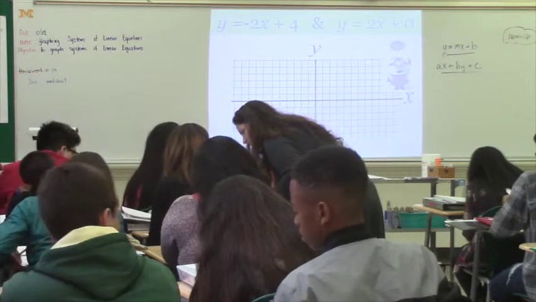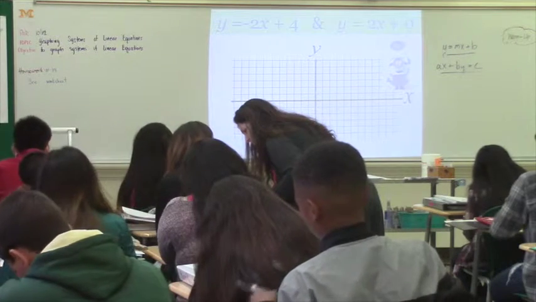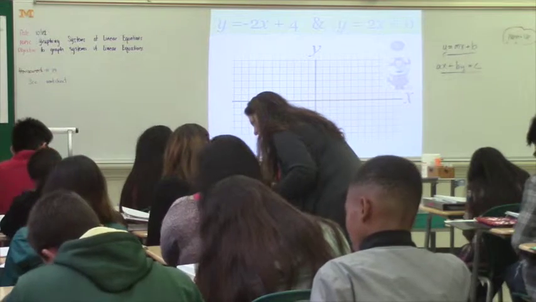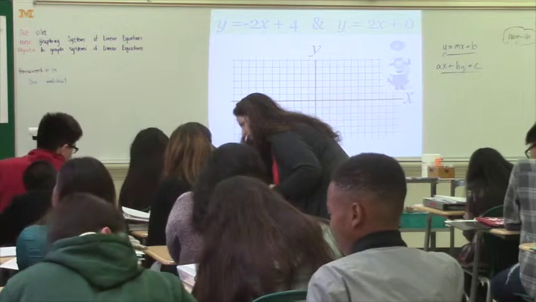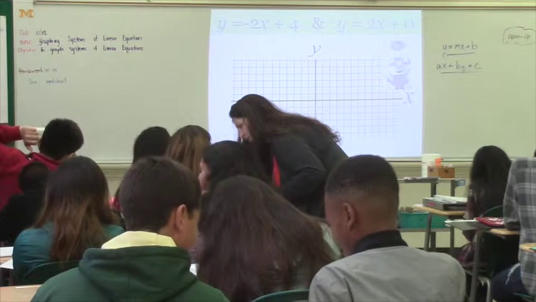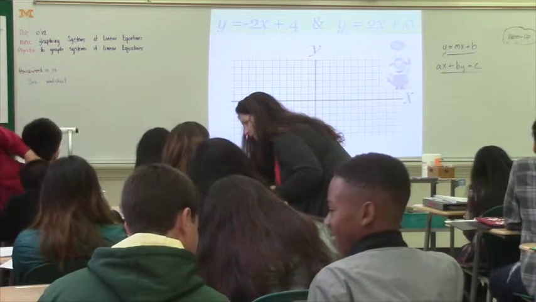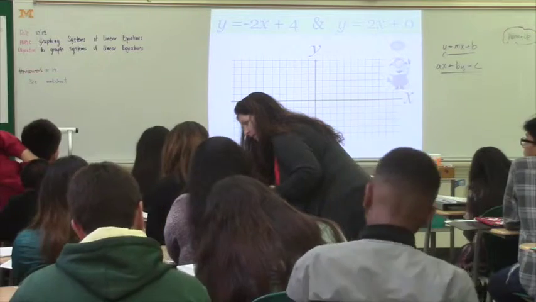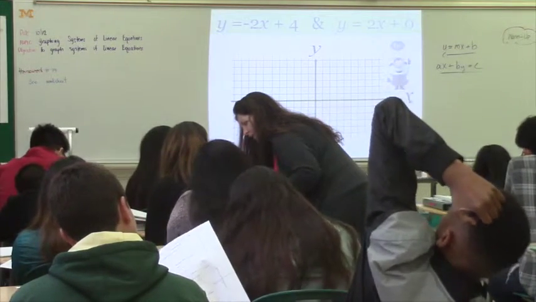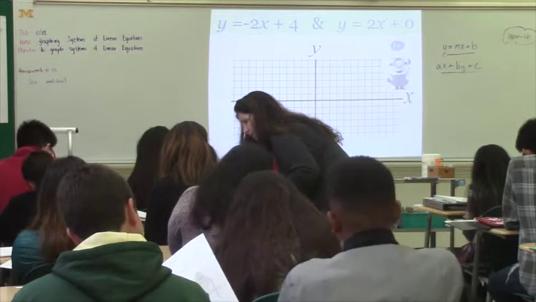So you're rising in the direction that you're going down. So that's your negative. When you go to the left, you're going negative 3 again.